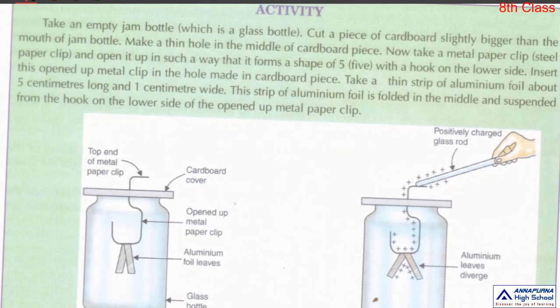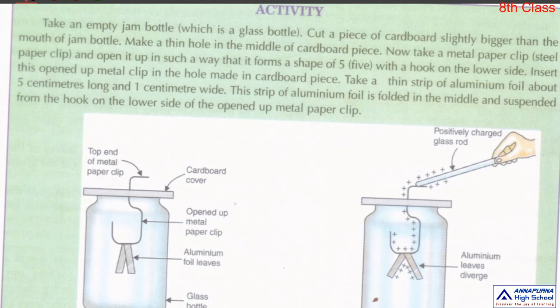Then what is an electroscope? To detect the presence of charge on a charged body, an electroscope is used. We can make an electroscope easily. Then let us know how to make a simple electroscope.